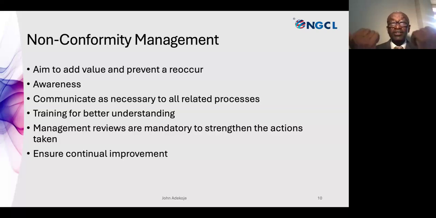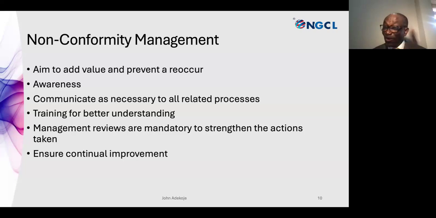So once the non-conformity has been identified, there shouldn't be any shock about it. Sometimes I even joke that when an audit is carried out, whether internal, external, first party, second party, or third party, and there are no non-conformities in it, well, that means we are perfect, 100%.